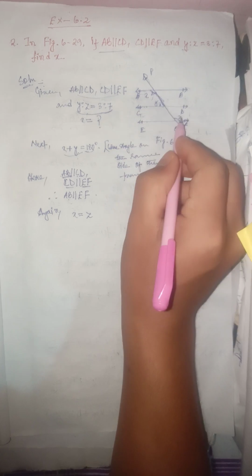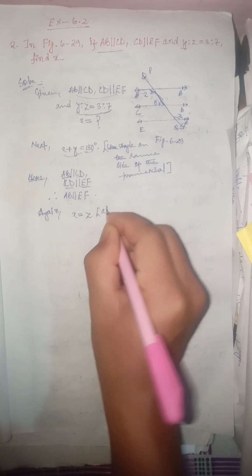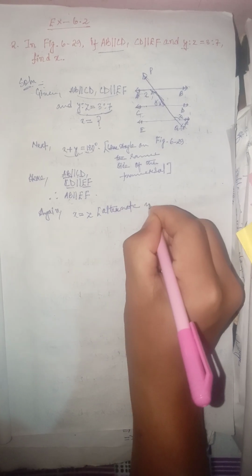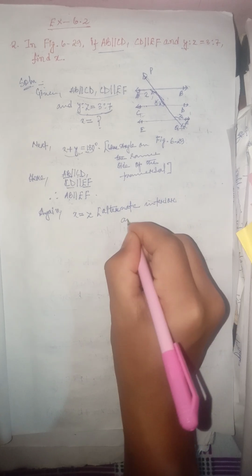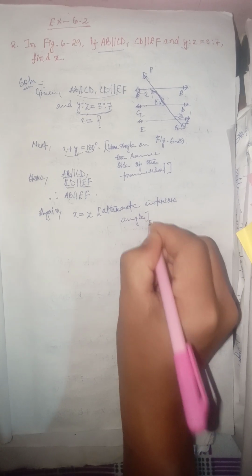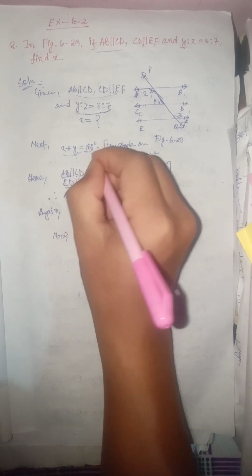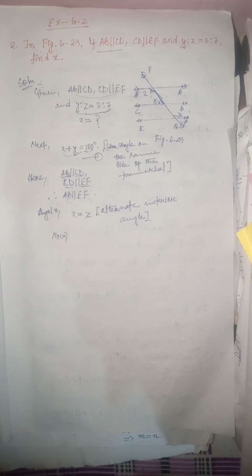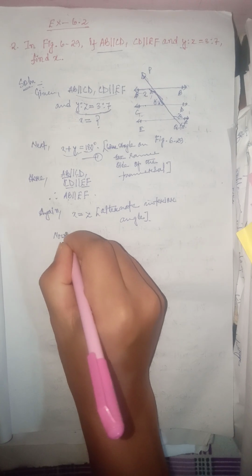Here we have X and Z as alternate angles, because of that these two will be equal. Alternate interior angles. Now everything is clear, right? Then let us move to the last part.